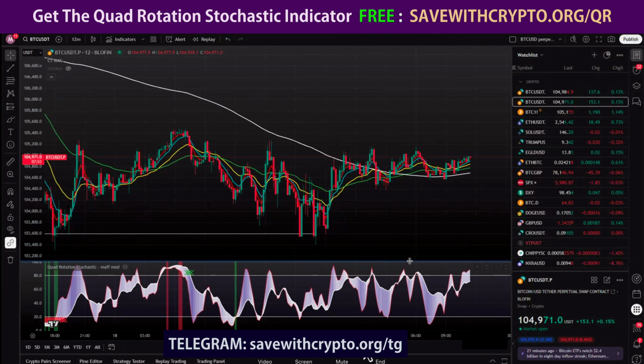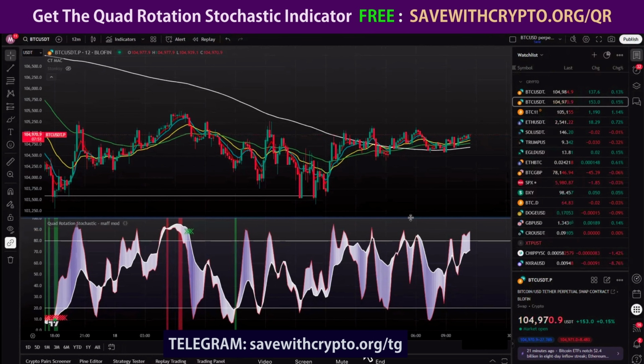In terms of the strength of what it's trying to tell you, if they both start to come around, then that means they're pivoting, and the price trend is probably about to pivot as well.